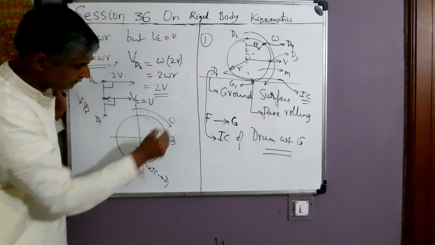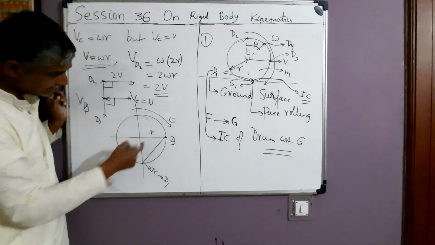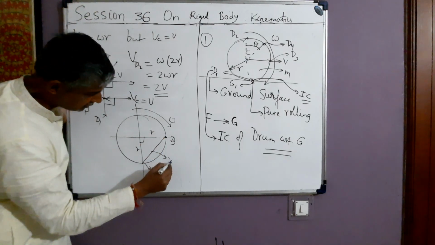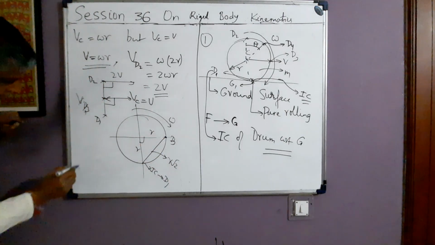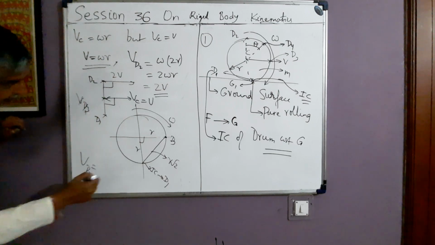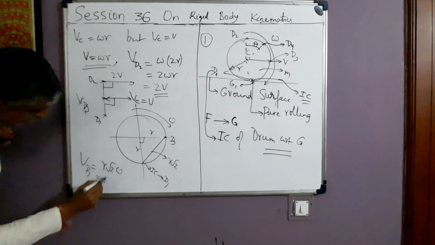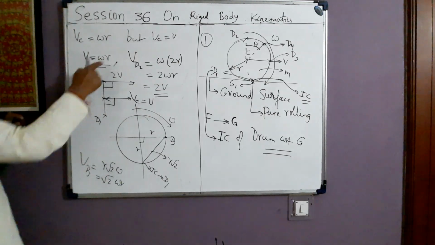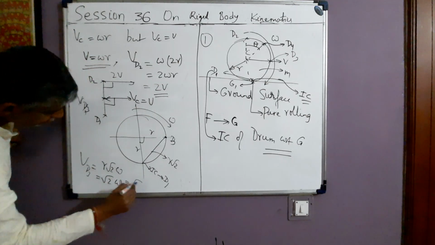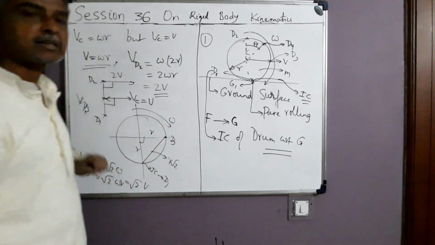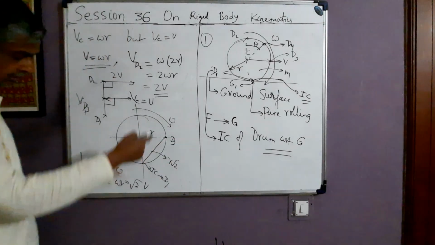By geometry, this is a right angle triangle, and by the Pythagoras theorem this distance is R root 2. So the velocity of D3 is R root 2 into omega, that becomes root 2 omega R. But omega R is V, so that becomes root 2 V. So all these results which we obtained by the SRC procedure for velocity have been obtained directly also.